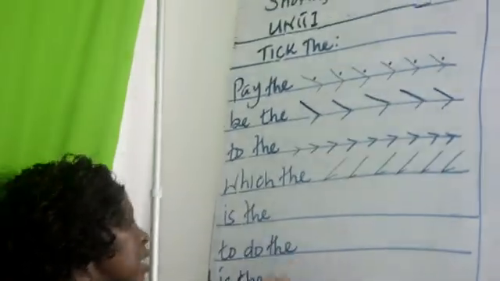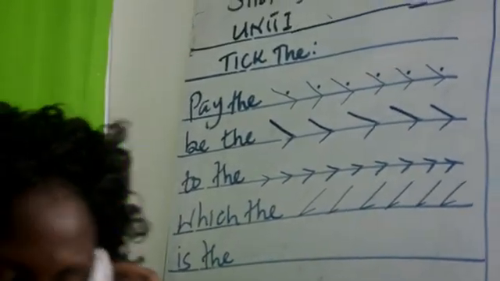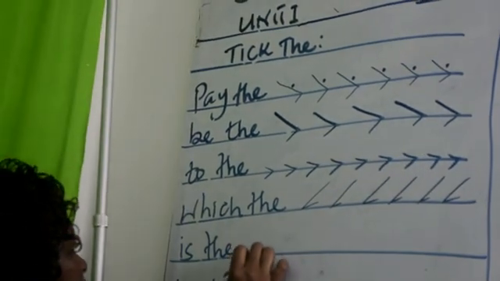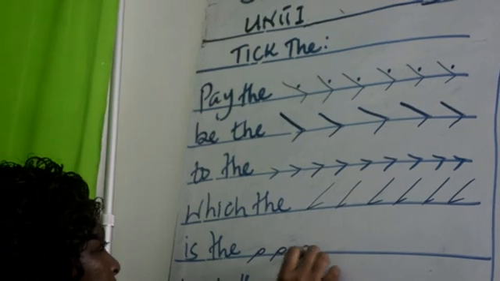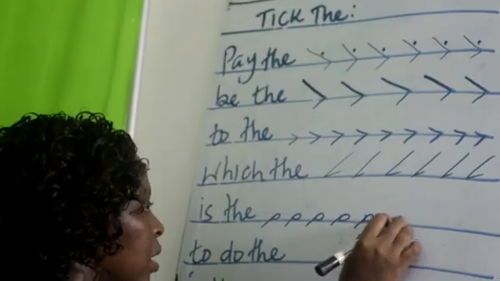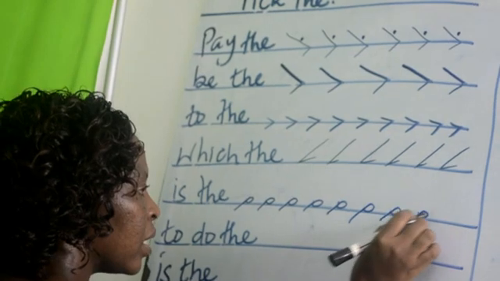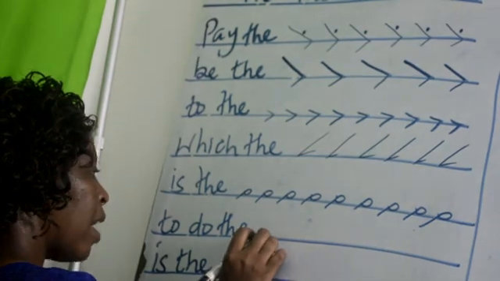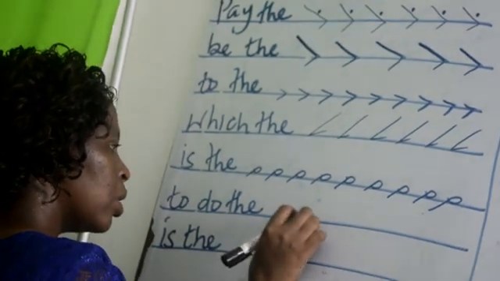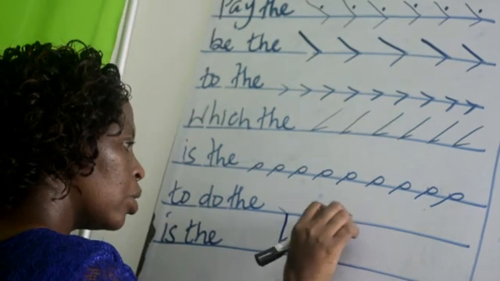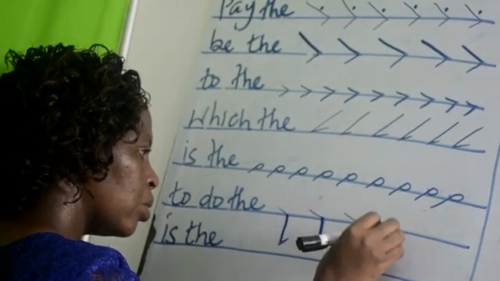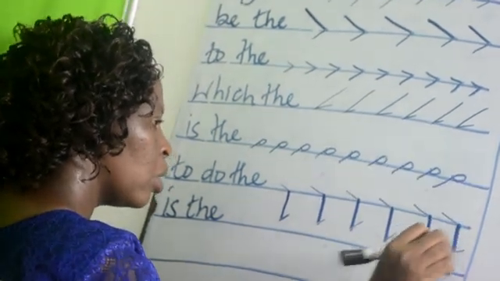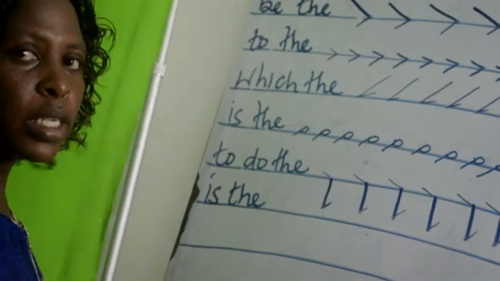Then we have is the. We have short form is joined with the. This is how we drill is the. Then we have to do the: short form to, then short form do, and then tikida.